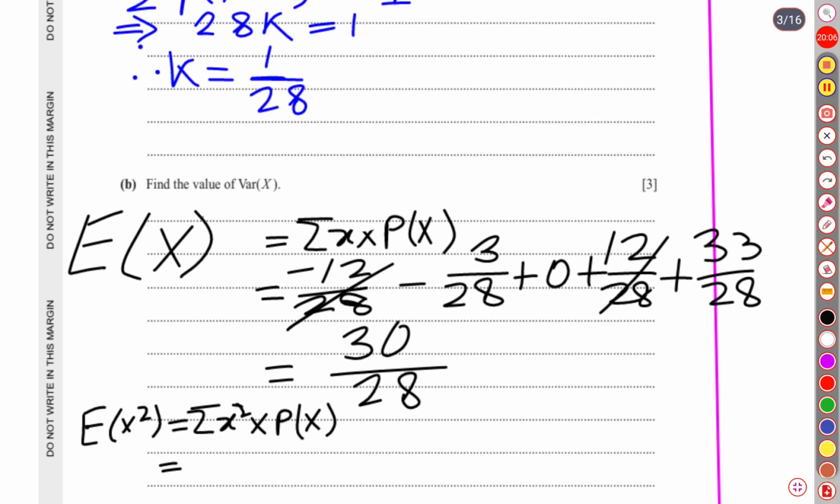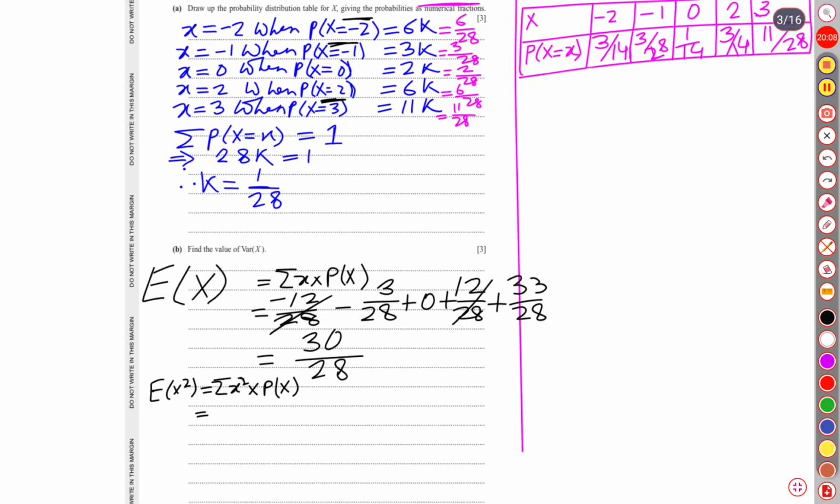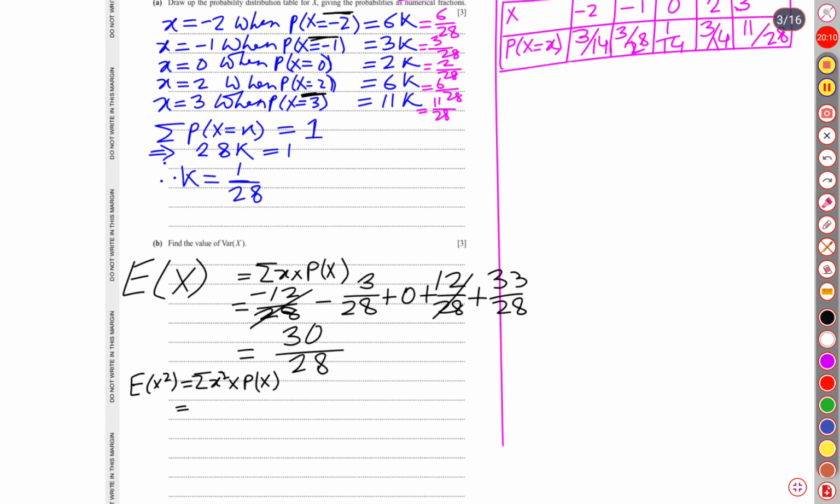X squared into probability. What is the first x? Look, first x was negative 2, so x squared means 4. 4 sixes are 24. So it is going to be 24 over 28.